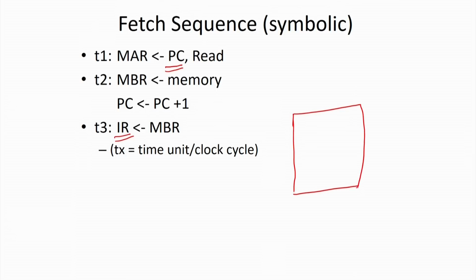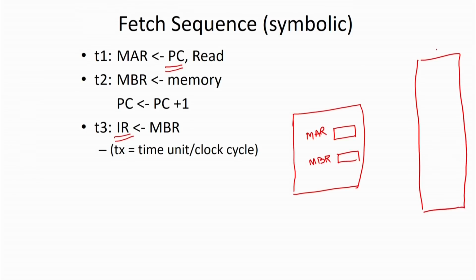So, this is my processor, and I have a register called MAR and another register called MBR, the memory address register and the memory buffer register. Say this processor is connected to main memory or maybe to IO devices also. Now, how are we going to interact and fetch?